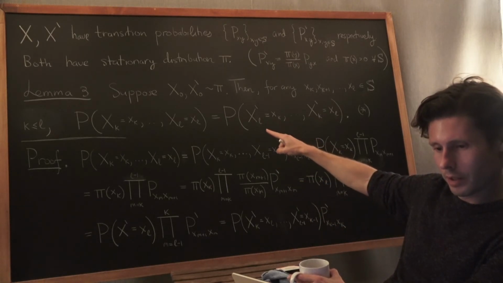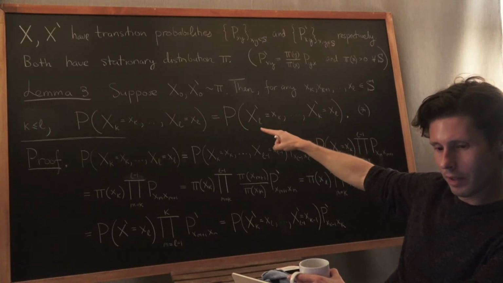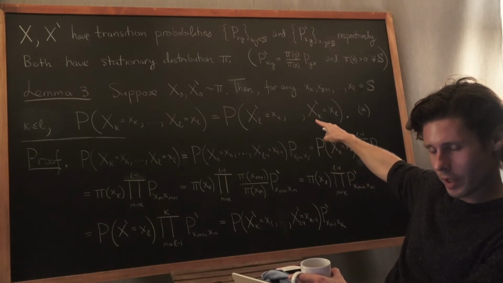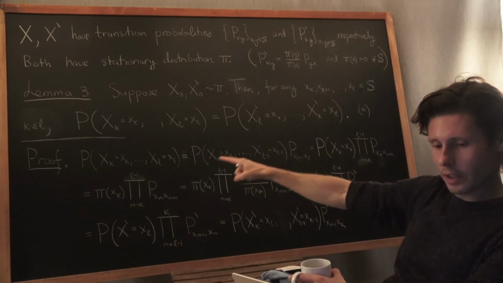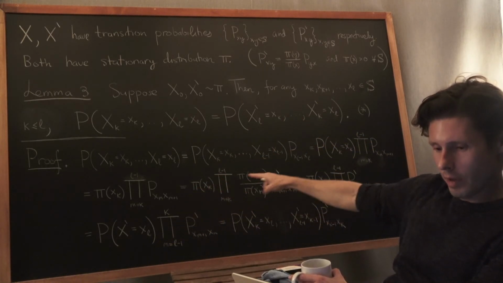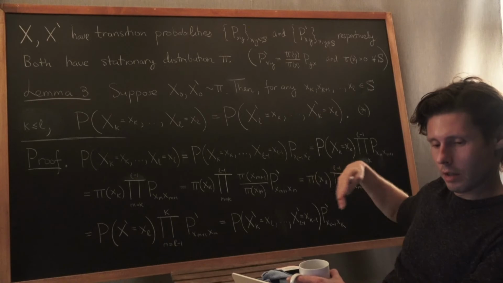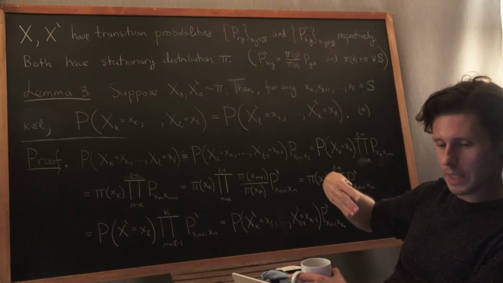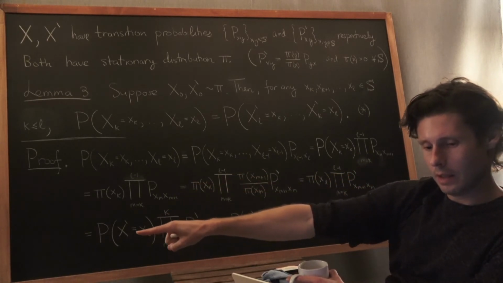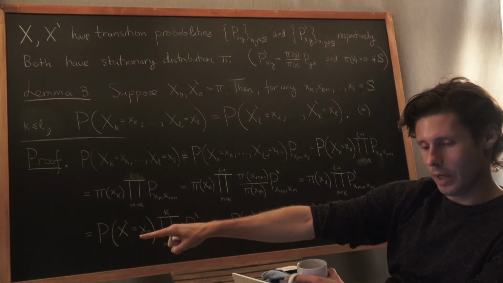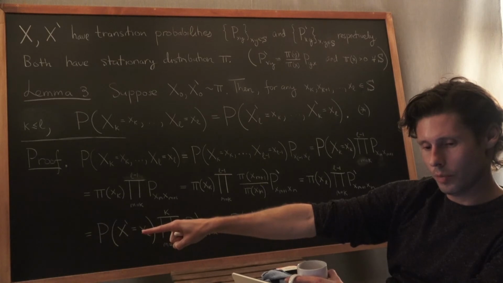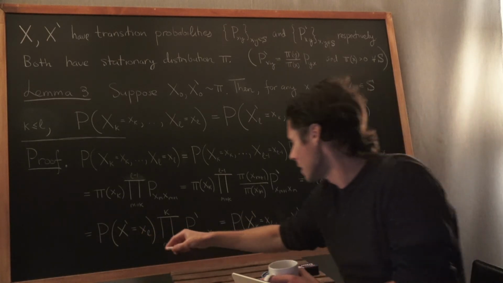Clearly this is the point that I'm trying to get at. If I'm playing it smart, I'm going to put a k there, but I could really put any number there. Once a chain starts in its stationary distribution, it stays there, and therefore any time can go into this subscript, and that would make the sequence of steps true. But the only way I get this right is if I put a k here.